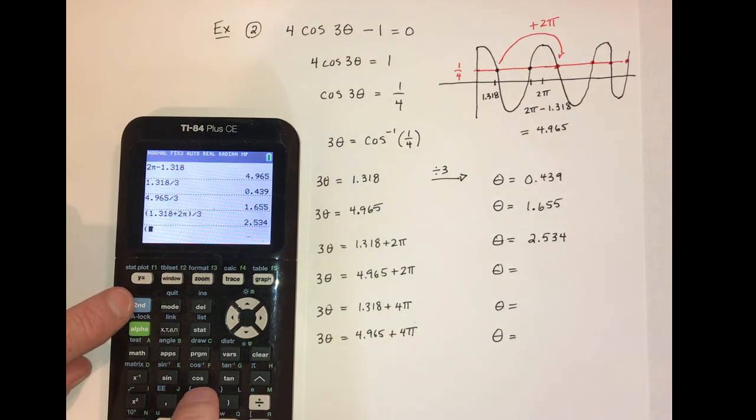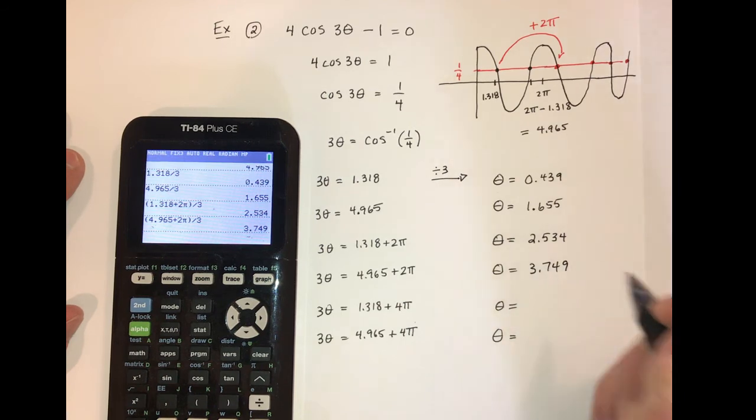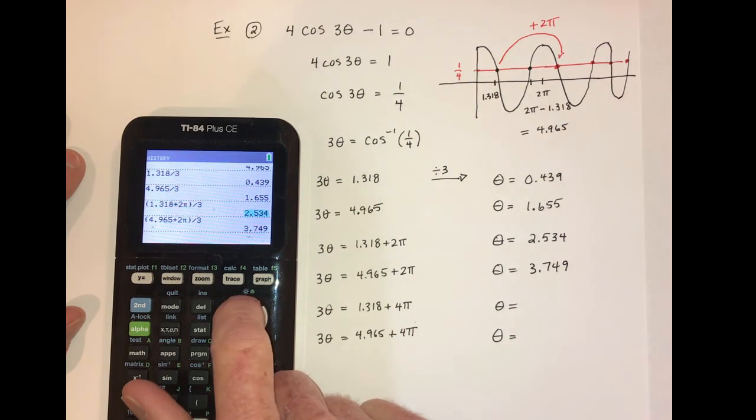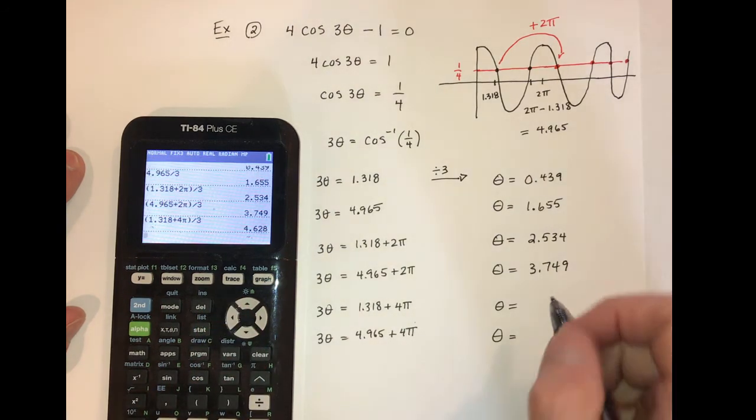And then 4.965, add 2 pi. Parentheses, divide by 3. 3.749. Now what I could do is just take this, copy it, and just change this to a 4 pi.